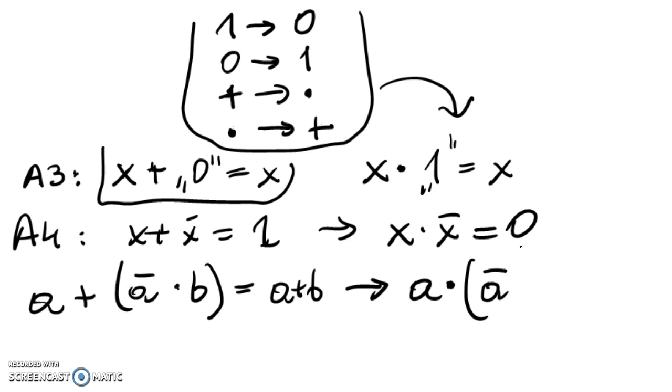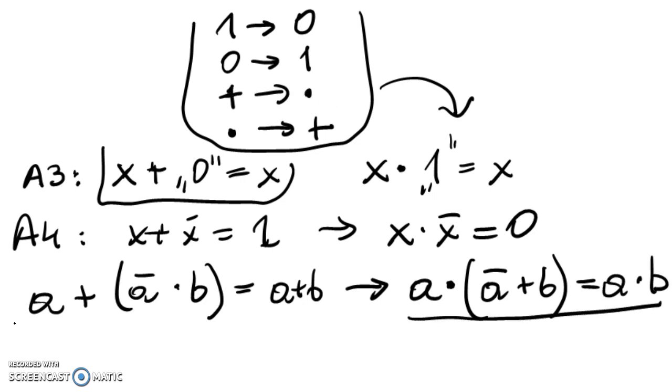Dot into plus, B without any changes, and it must be equal to A, plus transformed to dot, so A times B. So you've got the second one on the left-hand side in slide 25. If you do this substitution, you make use of duality rules. Okay, so you got it.